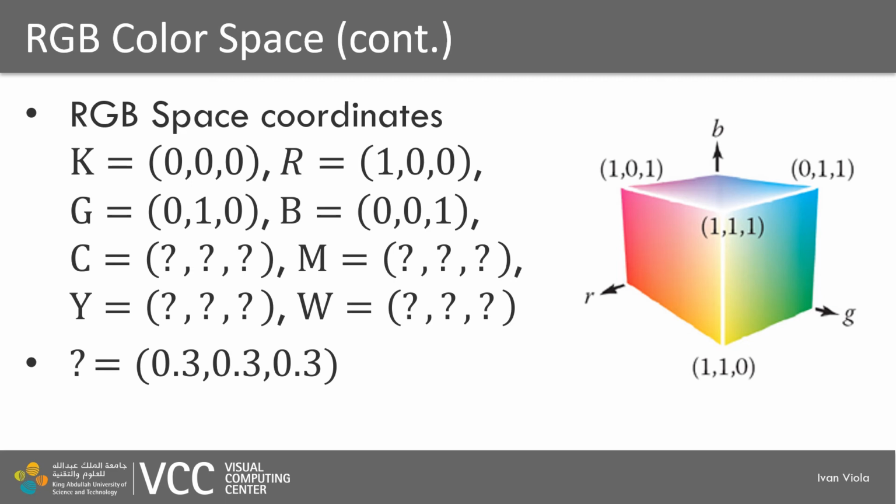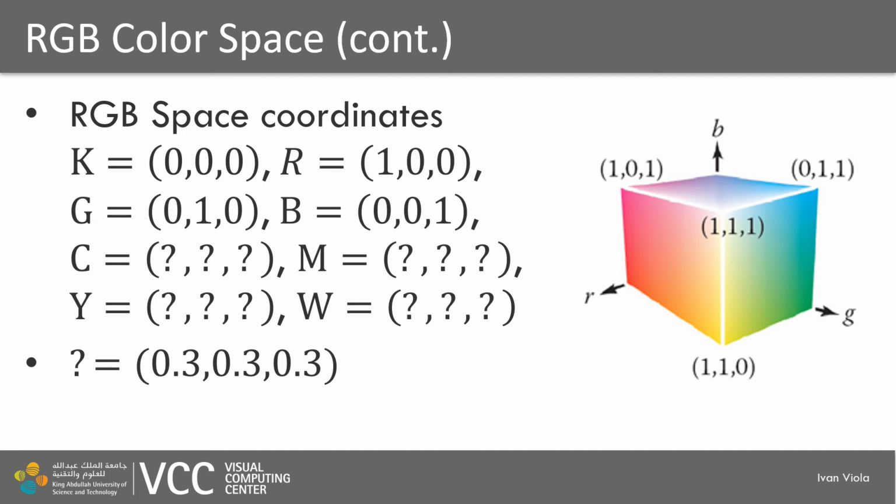At 0, 0, 0, we will have the black color. This is the part which we do not see on our image. The K is typically associated with black, because the B for black is already taken by blue.